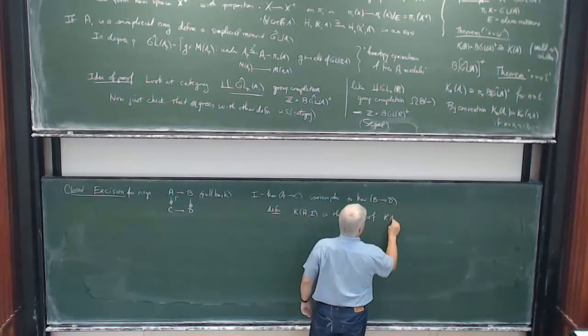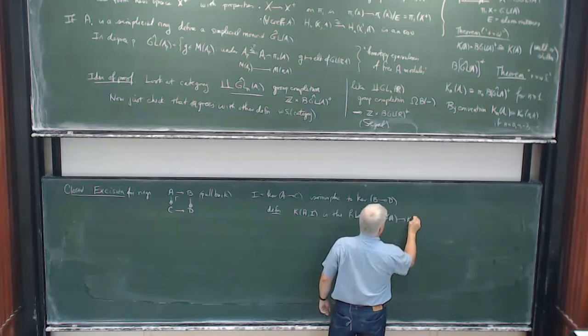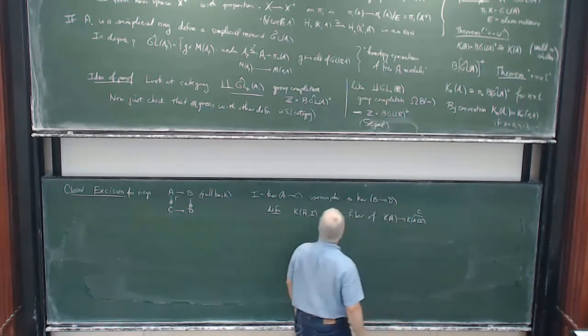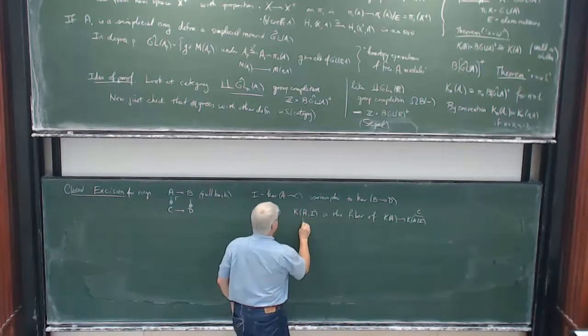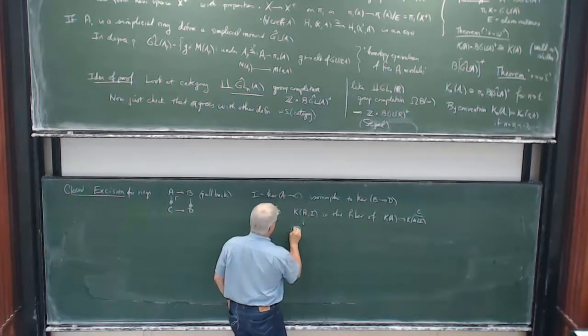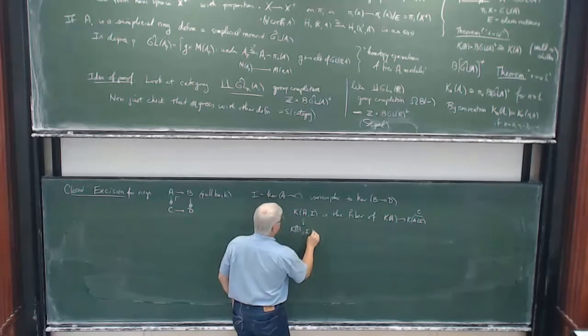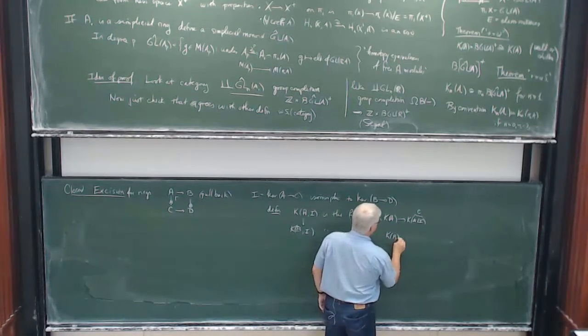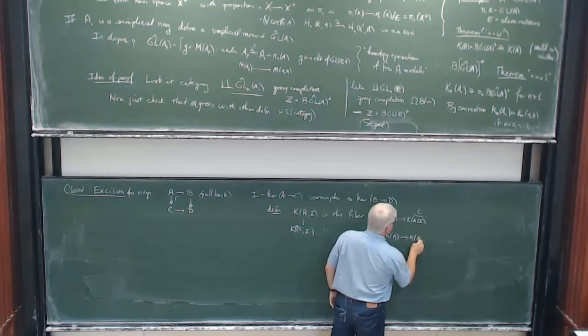So this is the K-theory of A to the K-theory of A mod I, which I'll remind you is the ring C. And we have a natural map from here to the K-theory of B comma I, because that's the kernel of the map from B to here.